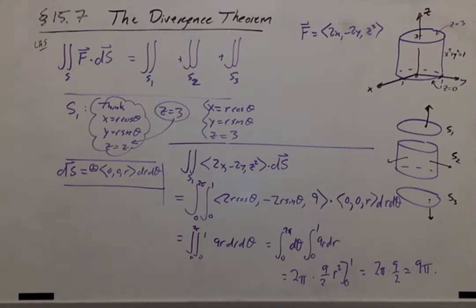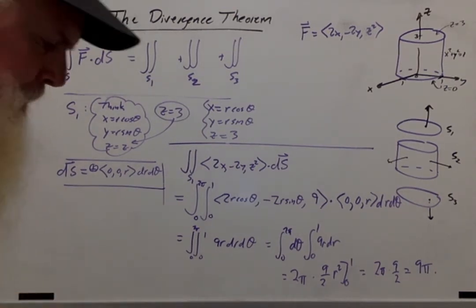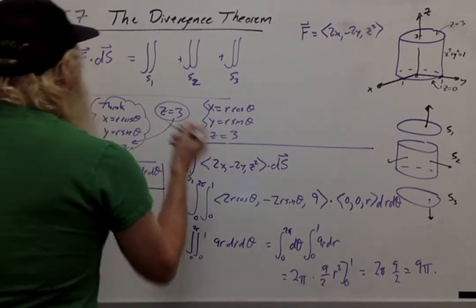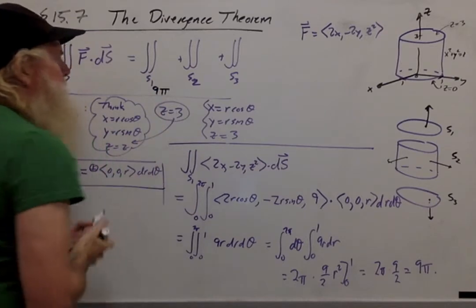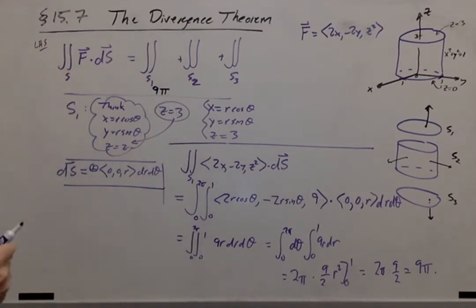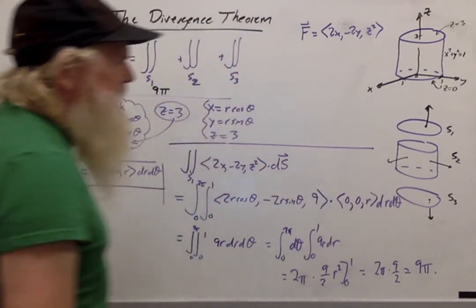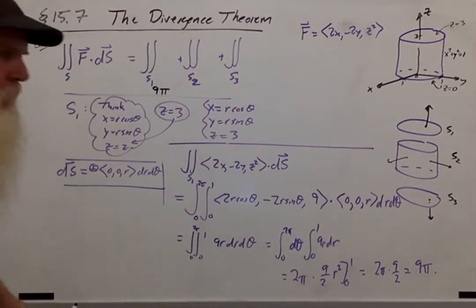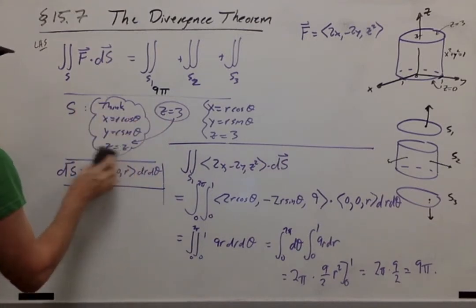So for S1, we're getting an integral equal to 9 pi. So let's capture that right here. And continue. Now instead of going to S2 next, let's go to S3 since it's so similar to S1. And we'll come back and do S2 in a minute.